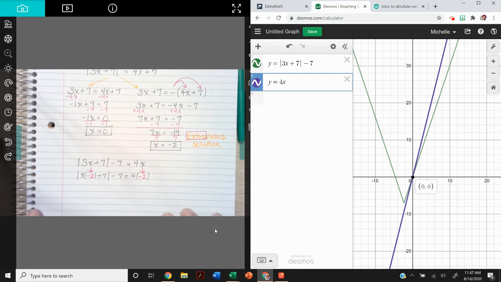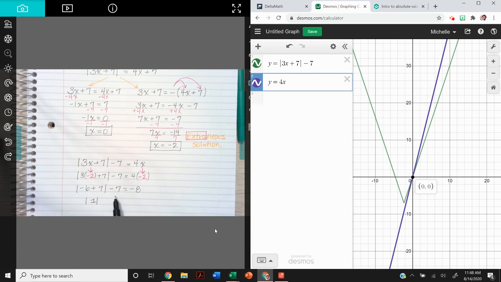Okay. All right. So absolute value, well, 3 times -2 is -6, and -6 plus 7 is 1. But here, let me just write it out. -7 equals -8. Okay. All right. So this is going to be the absolute value. -6 plus 7 is 1. All right.